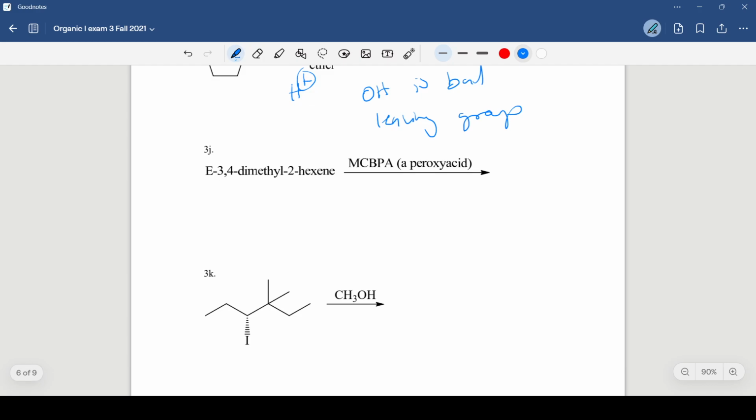Okay, this. I'm just gonna draw out the reactant. Okay, MCPBA. This is the thing that makes that epoxide, the little oxygen triangle. And remember, the thing with the triangle reactions is that whatever's cis stays cis, whatever's trans stays trans.